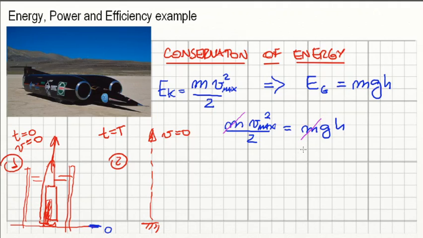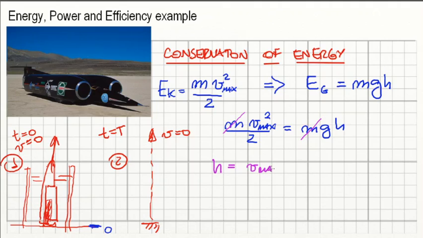So the first thing we notice here is that the mass doesn't matter if we are calculating how high some object will get according to the energy which is provided. The mass here doesn't affect it. Now we can make the velocity here the one that we know. So we know this variable, we know gravity, we don't know the height. So let's make h our subject.